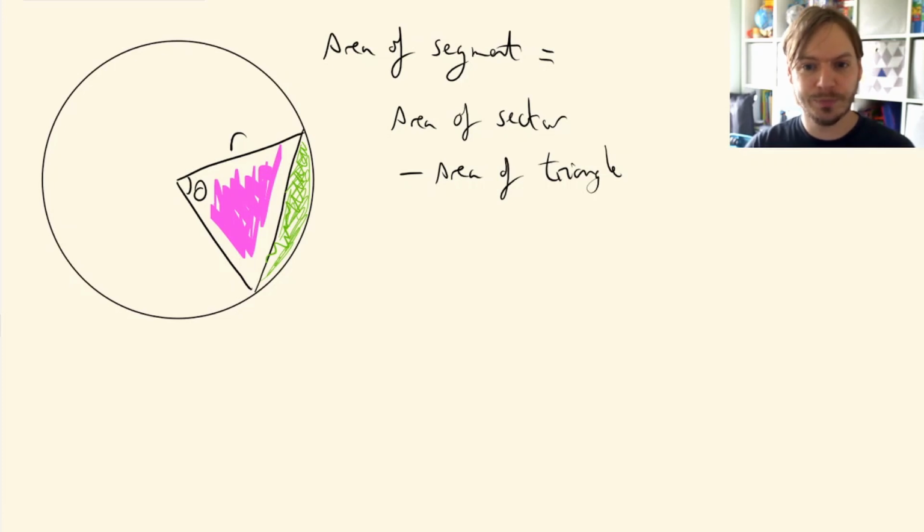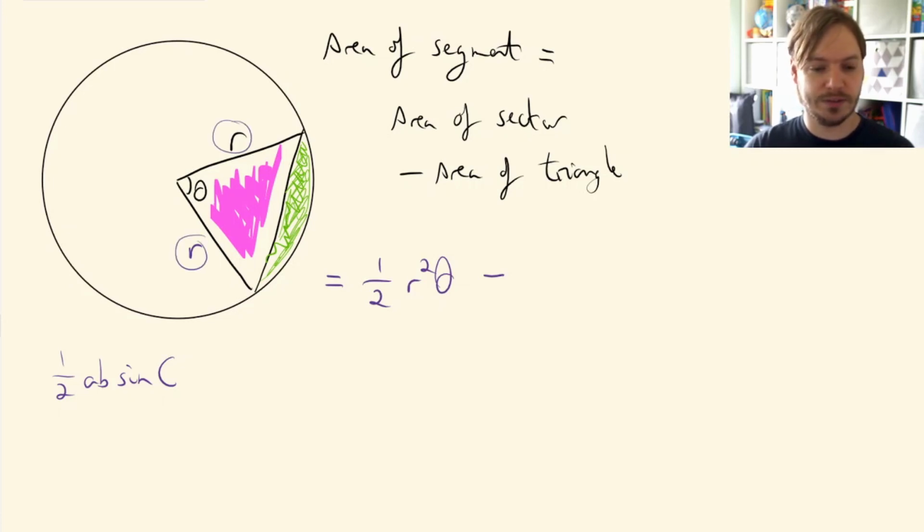We did a whole load of work on trigonometry in year 12, and we talked about the formula for finding areas of triangles. So what we have is the area of this sector, well, the area of a sector is half r squared theta, like we just looked at, and the area of a triangle is, well, we know r, and we also know this r right here, and so we know the area of a triangle is actually half AB sine C, where C is the included angle, and you'll notice that A and B are both the radius, so they're actually the same.